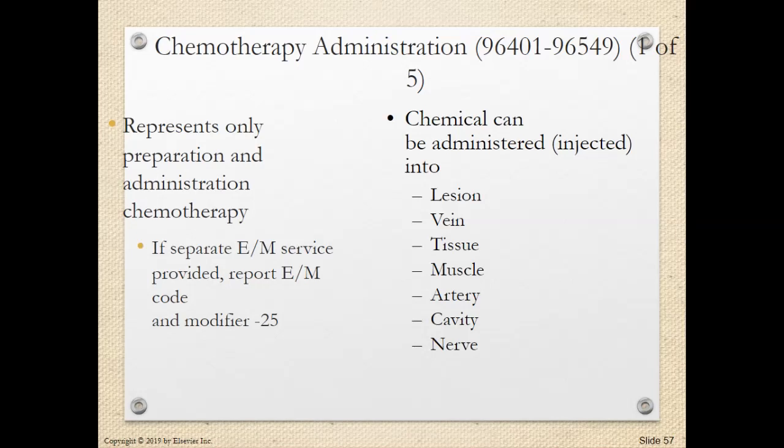These codes represent only preparation and administration of chemotherapy. If separate E&M services are provided, you use an E&M code and you use a modifier 25. A chemical can be administered, injected into a lesion, a vein, tissue, muscle, artery, cavity, and nerve.